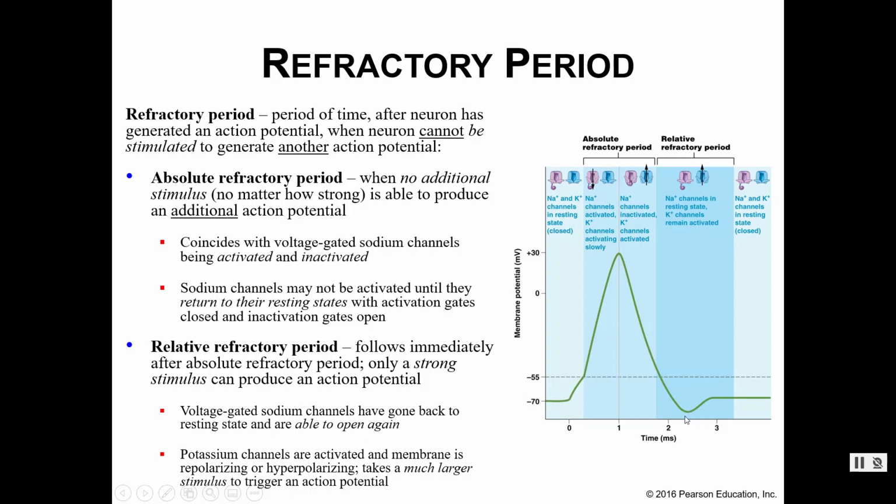But over here, we're below -70, which means we wouldn't hit -55, we wouldn't hit threshold. If you want to start a new action potential here, your second stimulus has to be even stronger to ensure that we hit threshold so we can start a new action potential.